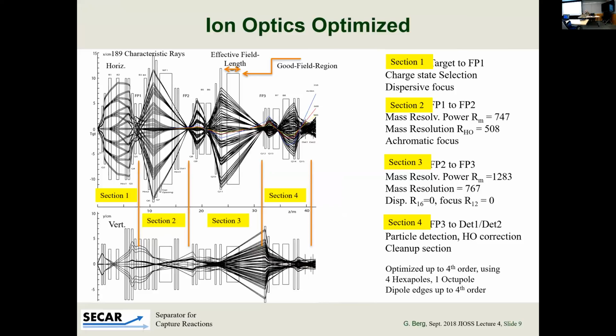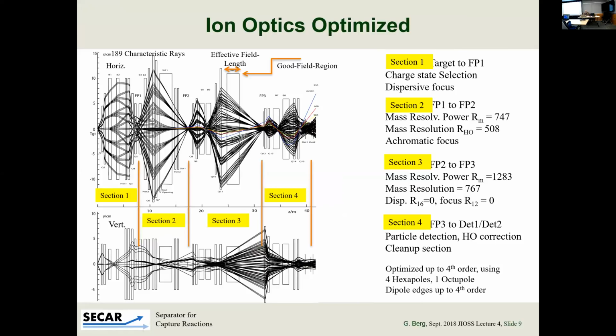So we call it a cleanup section, but it's not only a cleanup section. Particularly with the last two quadrupoles here, you can adjust the size to realistic detector sizes, and if that changes, you have some flexibility there.